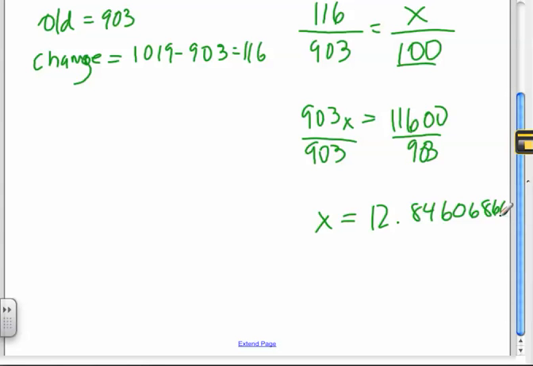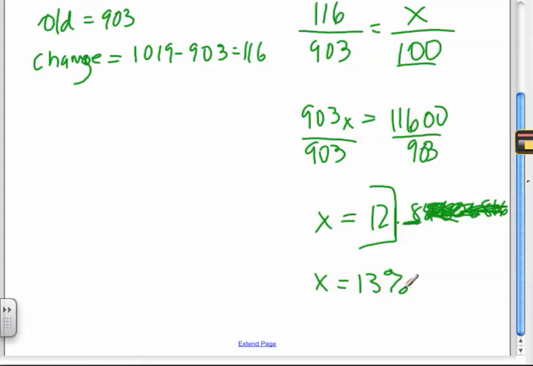Okay, but now it said about what percent, so that means they want us to round to the nearest whole percent. I'm looking at the front number, and I don't care what the rest are. I'm just scratching them out. Should it round up to 13, or should it round down to 12? Up to 13, because 8 is greater than 5. So x is equal to 13%.